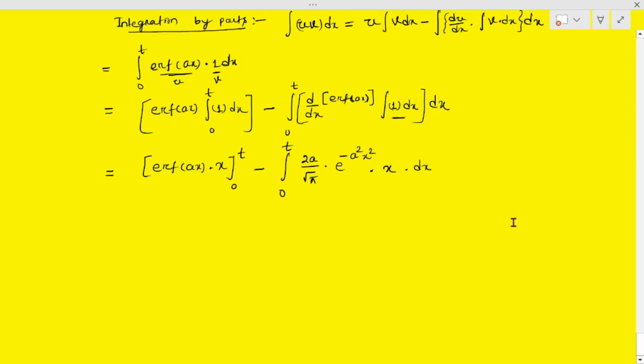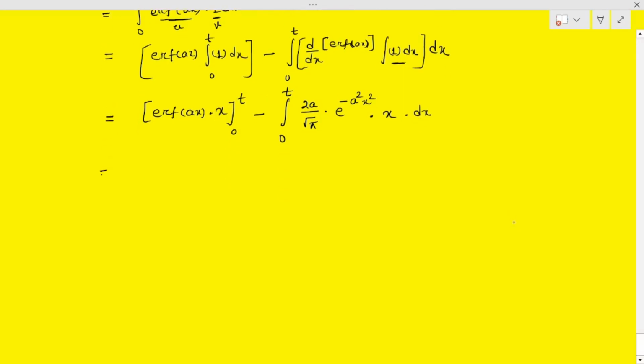Okay, now here substitute the upper limit and lower limit. So this will be error function of at into t, minus the lower limit 0, error function of a into 0 into 0. Then minus 2a by root pi, constant taken outside of this integration, 0 to t e to the power minus a square x square into x dx.